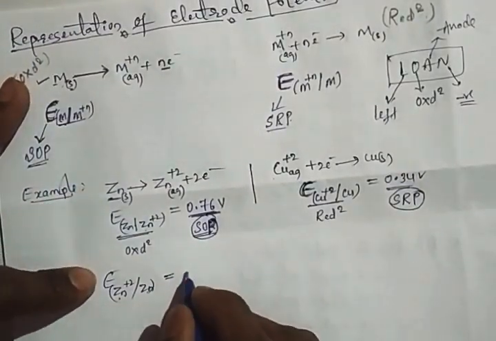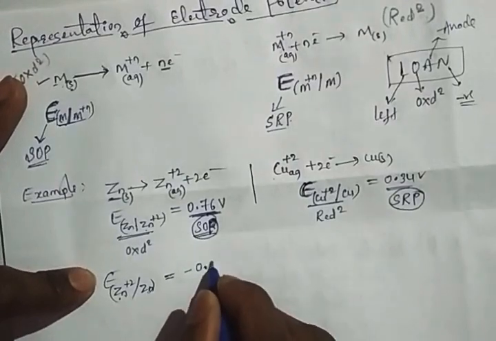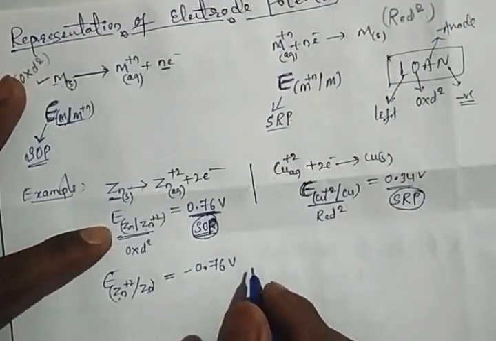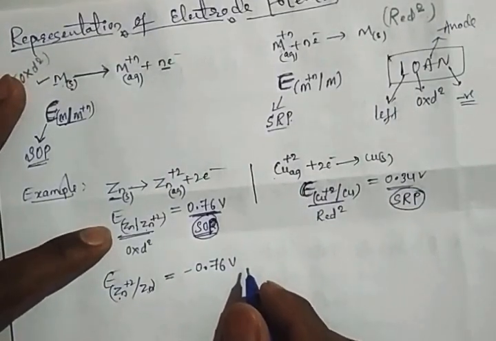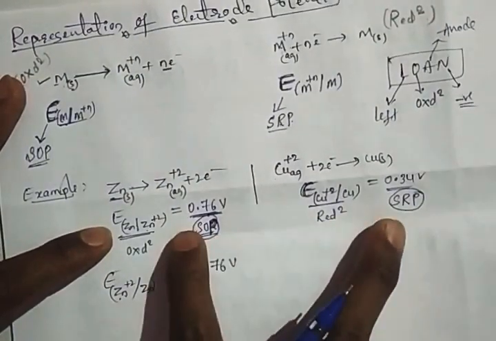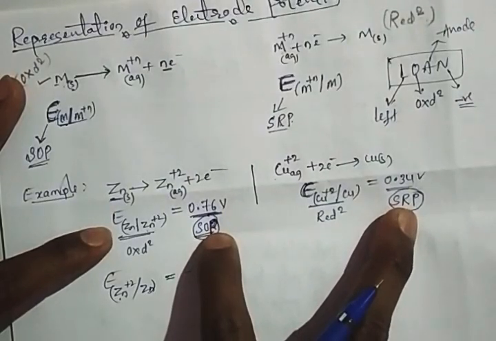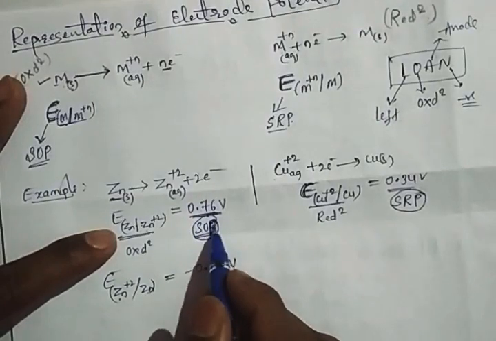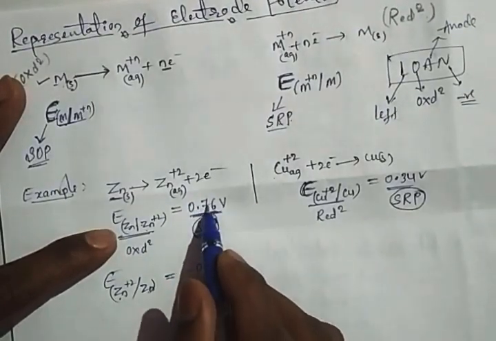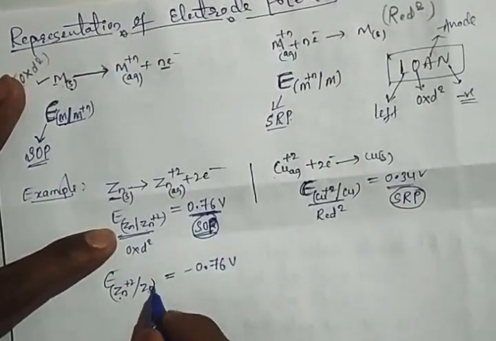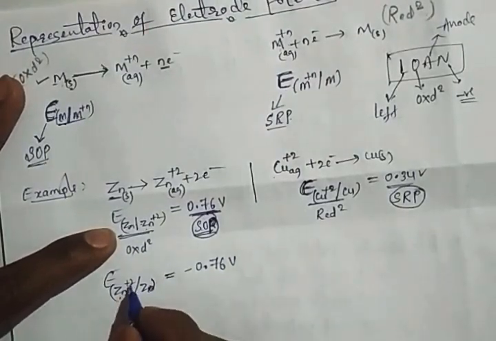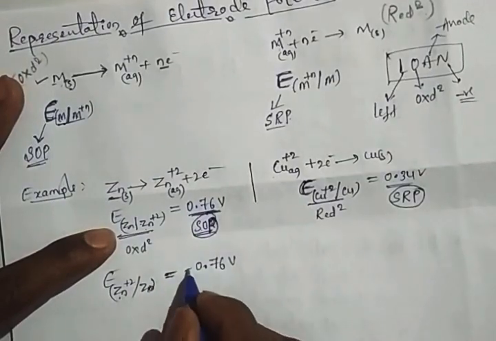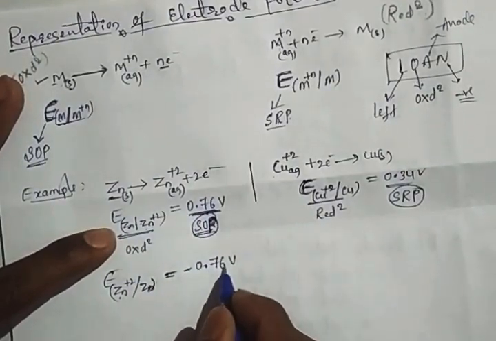So what are the values? This value is the same but the sign is opposite. So SOP and SRP for a given electrode or metal have the same values with opposite signs. The oxidation potential SOP is plus 0.76, whereas for Zn2+ slash Zn, the reduction potential of the zinc electrode is minus 0.76 volt.